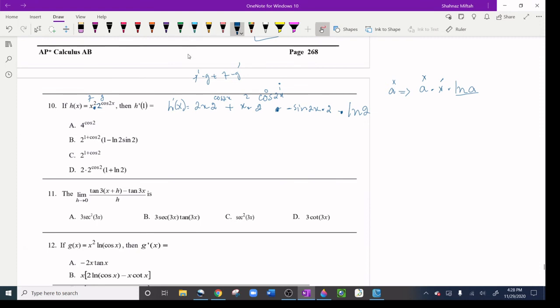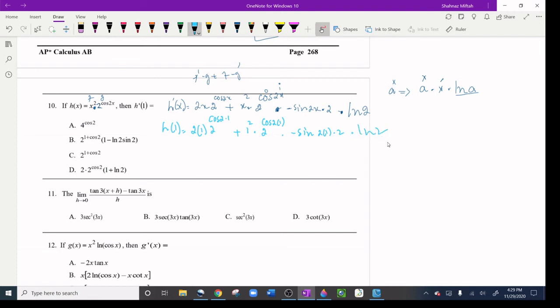So now let's see how we can plug in that 1. I'm going to plug in 2 times 1, no, it's supposed to go as an exponent: 2 times 2 to the cosine 2 times 1, plus 1 squared times 2 to the cosine 2 times 1, times negative sine 2 times 1, times 2 times ln 2.